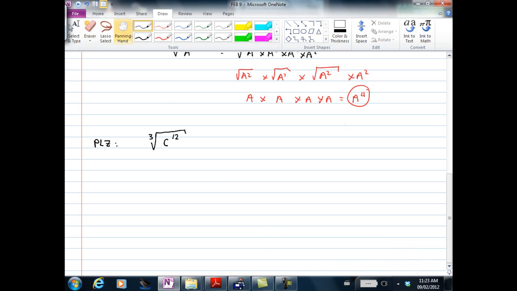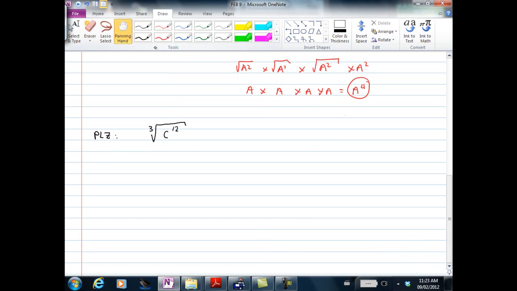So this is brand new stuff to you, so I'm going to give you a hint. You're so used to working with squares, you haven't seen cubes yet. We know that the square root of A squared is A. What is the cube root of C cubed? Davia, take a guess.